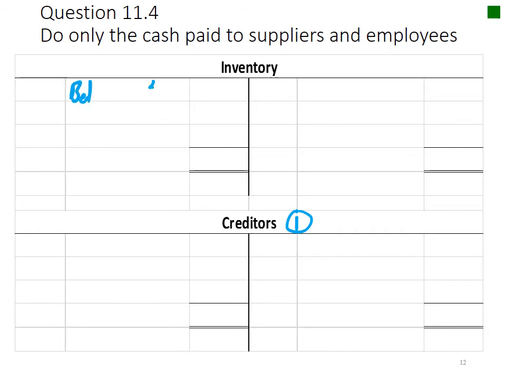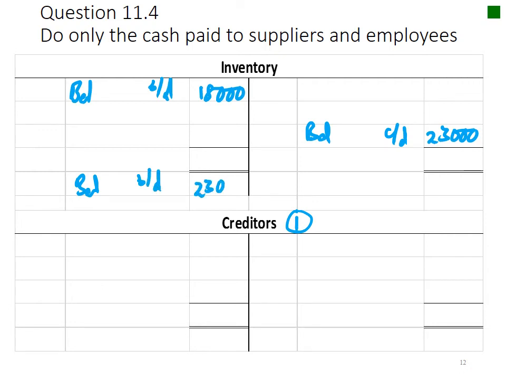So for inventories, we're going to put in the opening balance, which is 18,000. And the closing balance, remember inventory is an asset, so it always has a debit balance. So we're going to carry down the balance at the end of the year on the credit side. That means we'll have an opening balance at the beginning of next year of inventories for 23,000.